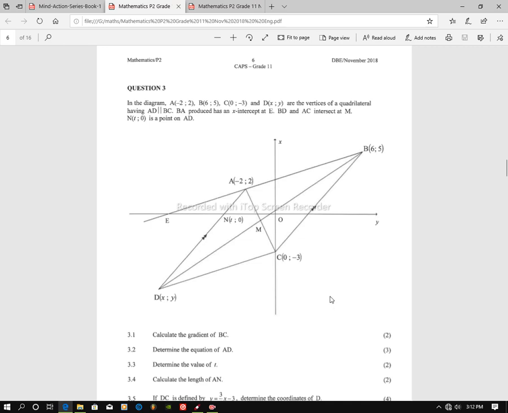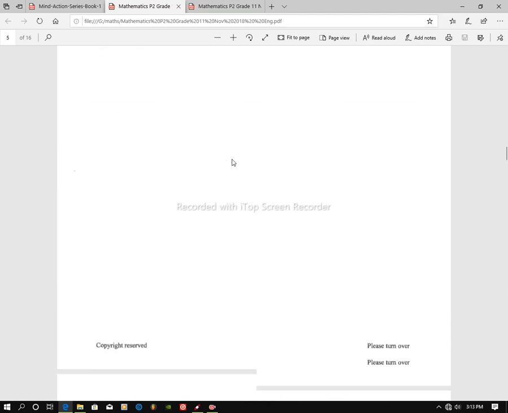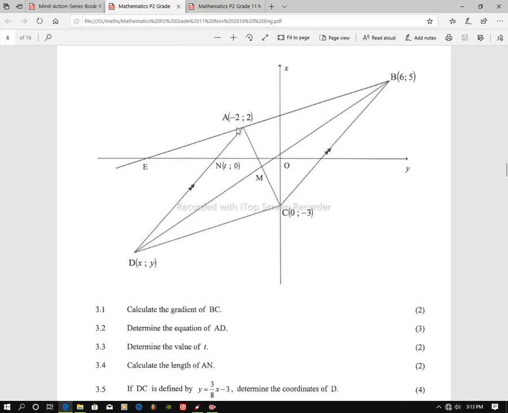Here is the question paper, which is for November 2018. It's the final paper. It was written by 2018 learners. It's question 3, analytical geometry. Another thing that you must study is the properties of shapes.